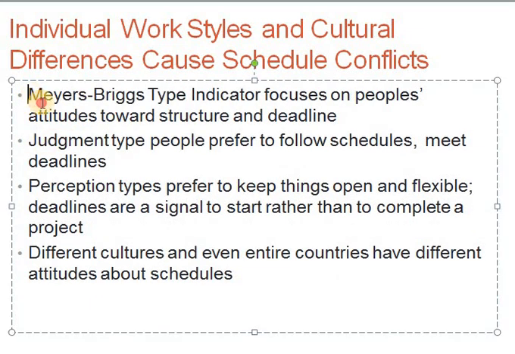The Myers-Briggs type indicator focuses on people's attitudes toward structure and deadlines. The Myers-Briggs type indicator is basically a self-help assessment test which helps people gain insight into how they work and learn.